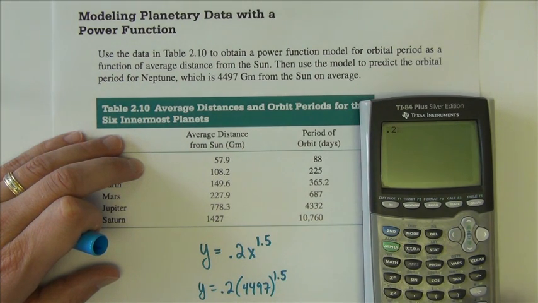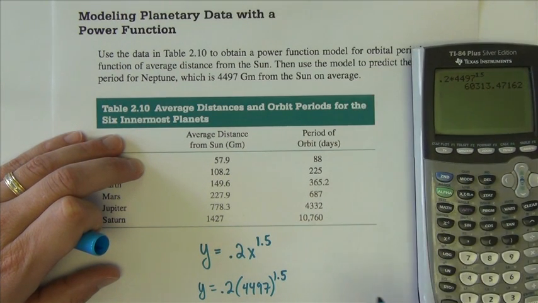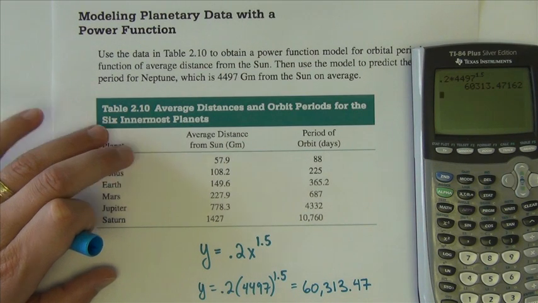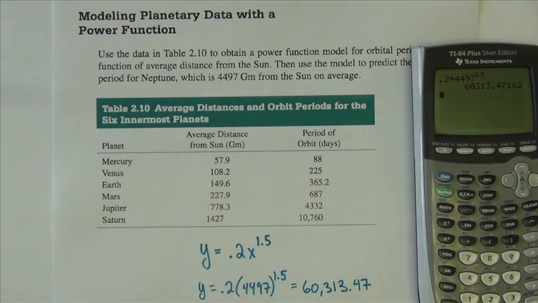This is all just going to be done on the calculator. Tells me it is 60,313.47 days. It takes that many days for the planet Neptune to orbit the Sun once.